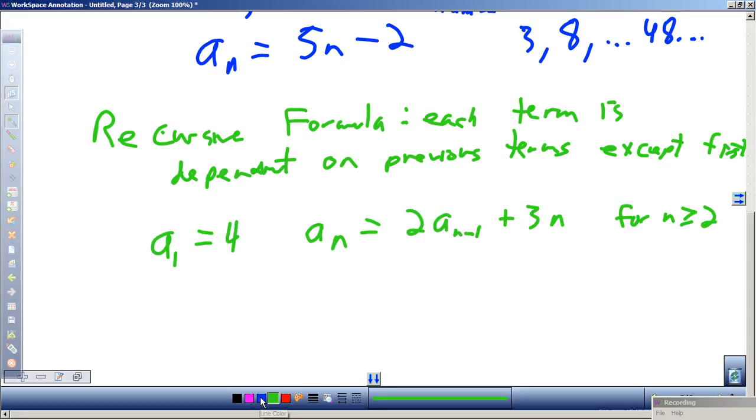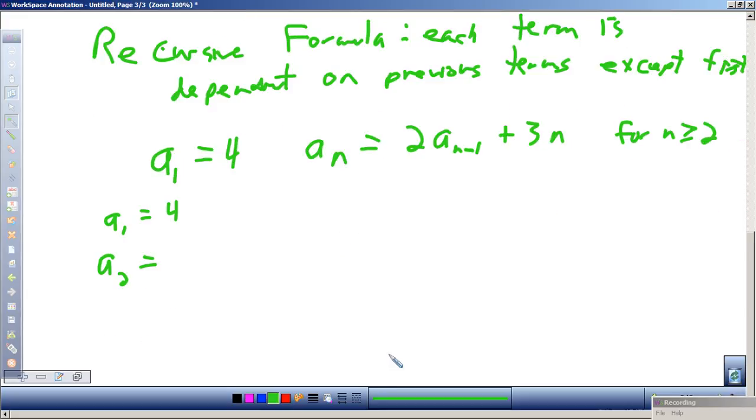Okay, so when we talk about a recursive formula, what is the first term of the sequence? 4. So a_1 equals 4. What is a_2 equal to? Well, to get it, we're going to plug into here, because it's for n greater than or equal to 2, we're using this formula. So if we plug in 2 here, we get 2 times a_(2-1) plus 3 times 2.